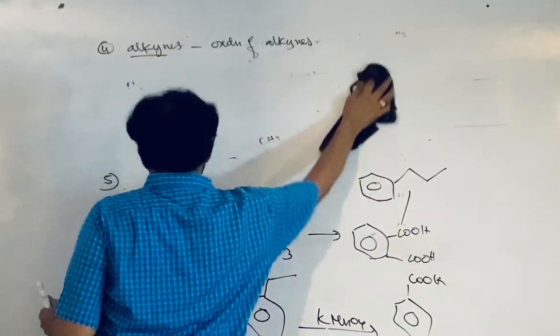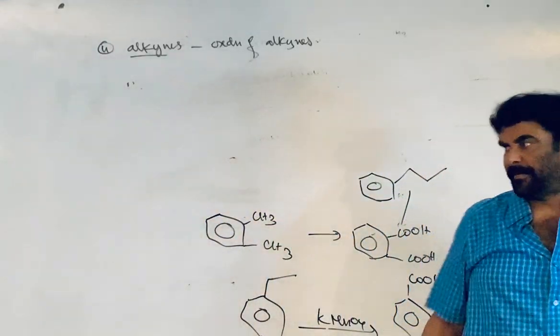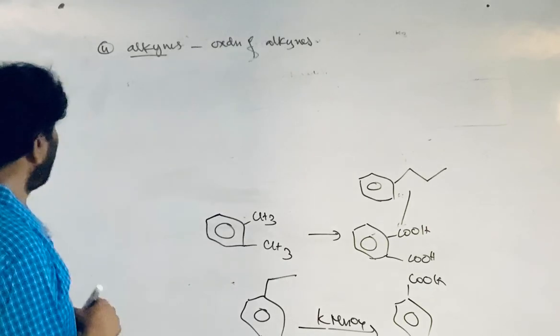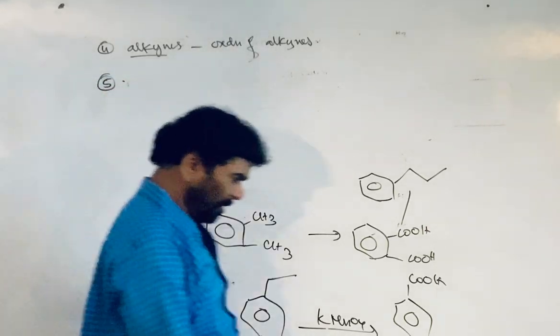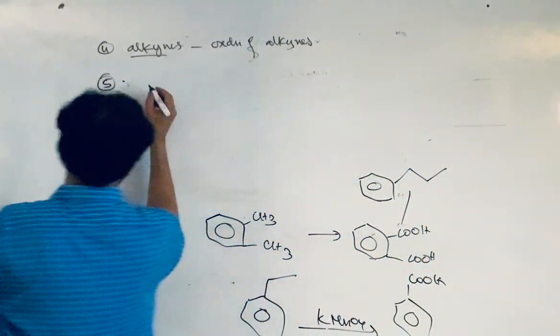Alkyl benzenes give carboxylic acids, but these are all aromatic carboxylic acids.